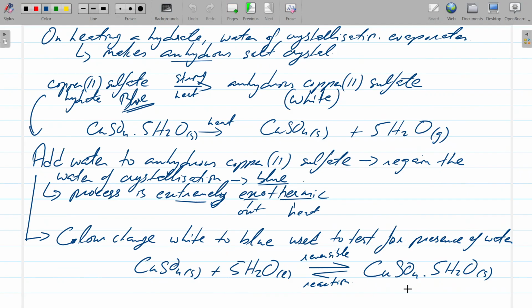In this case, it's reversible. It's easy. It happens both ways. There's no chemical change happening. Chemical reactions can also be reversible, but the point is to introduce the concept of reversible reaction. So this can go both ways. You heat it, you lose the water, you add the water, you get the hydrated crystal back.